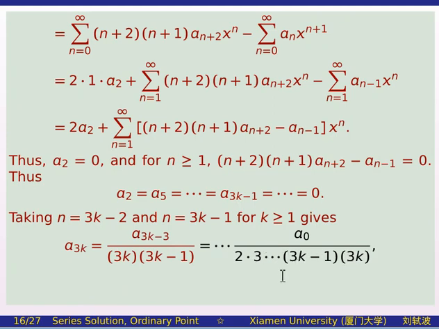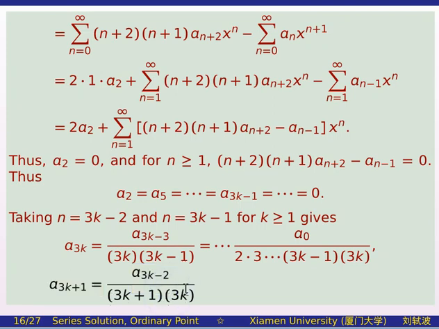Similarly, for n equal to 3k minus 1, we will obtain a_{3k+1}. So here, when n is 3k minus 1, the a_{n-1} is a_{3k-2}. So we obtain the relation for a_{3k+1} in terms of a_{3k-2}.